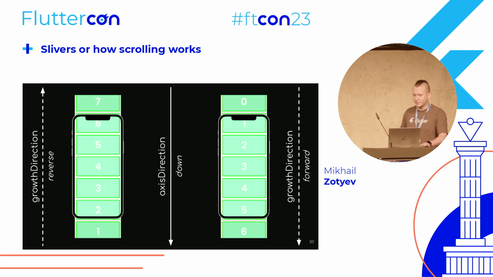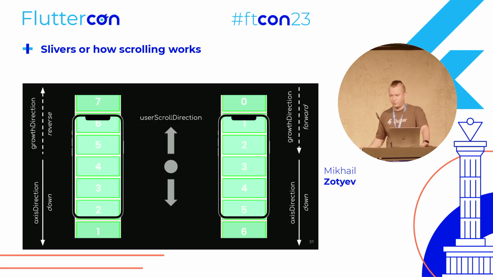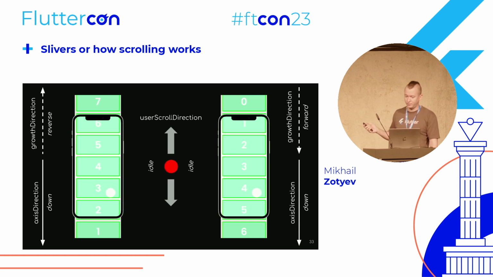And why do we need this? Because the scrollable provides us information about the user: whether the user wants to scroll or not. And it can have different values. First of all, if the user does nothing, it's idle. If the user puts a finger on the screen, but again without movement, it's still idle.